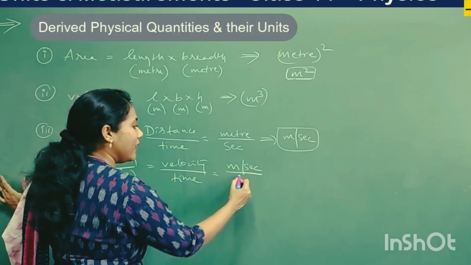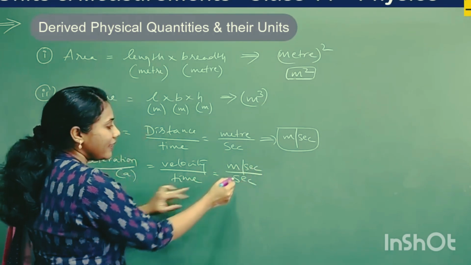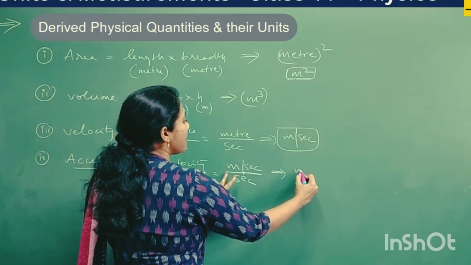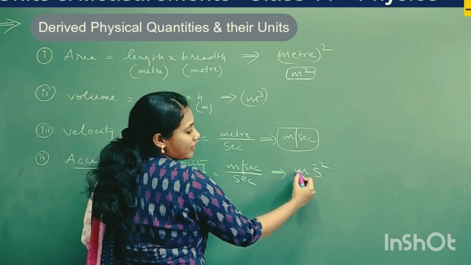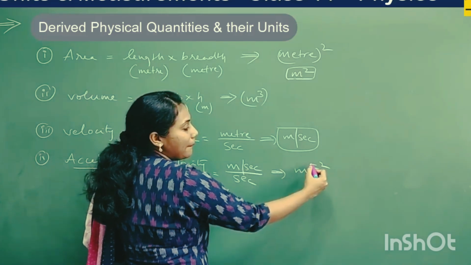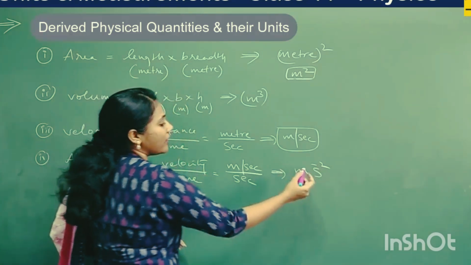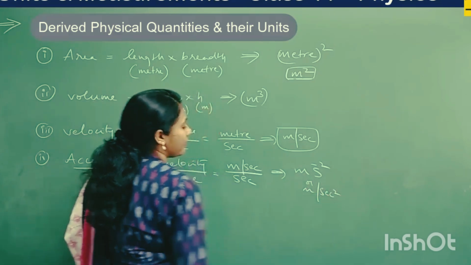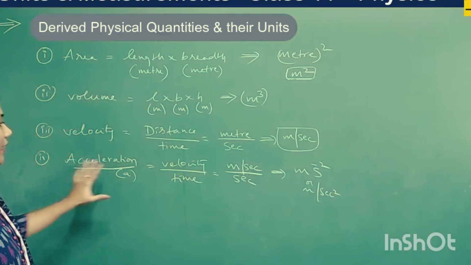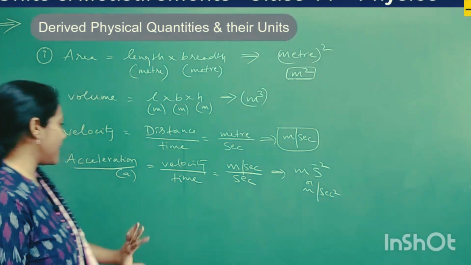Time is also second, right? So I can write this as meter second inverse square, or I can also write it as meter per second square. Anything is fine. So this is the unit for acceleration.